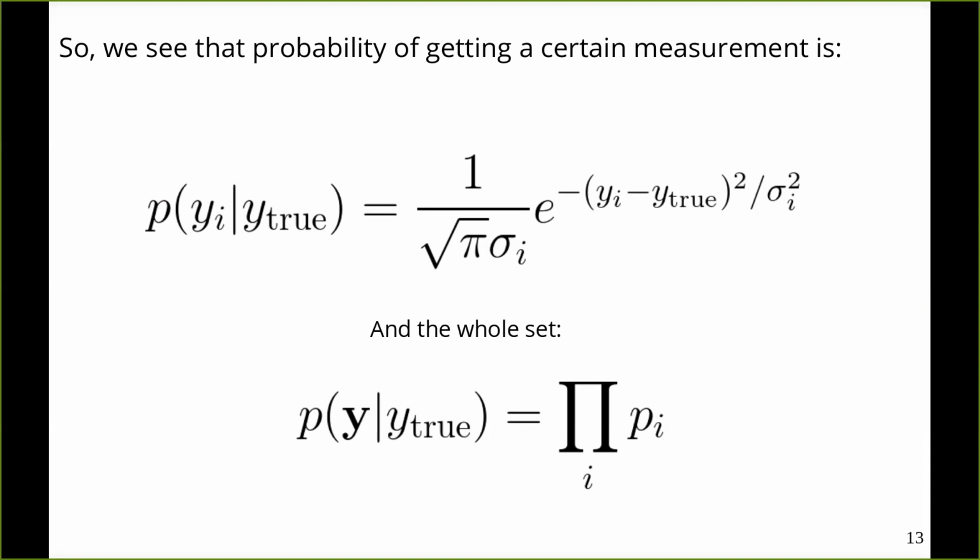So if y true is 10,000 or something like that, to get yi equal to, I don't know, 10,001 is going to be given by the Gaussian function here on the right, where the probability density is going to depend on the width of the spread of my Gaussian function.